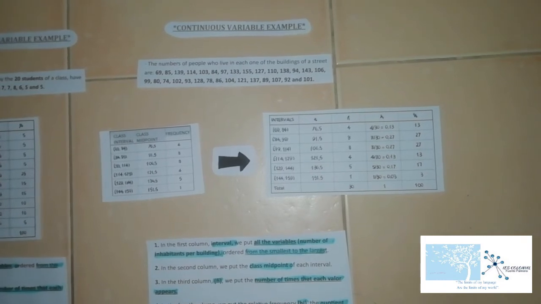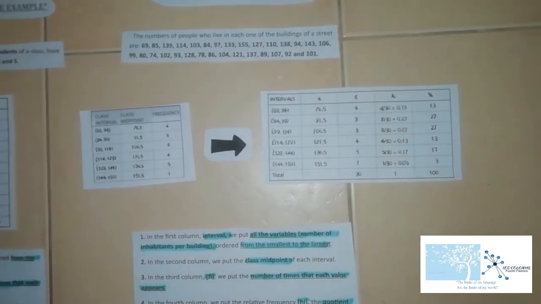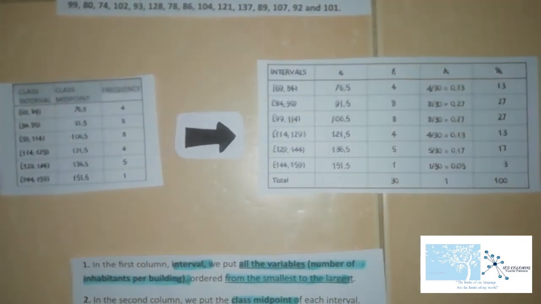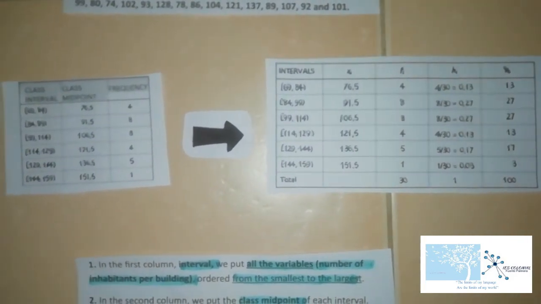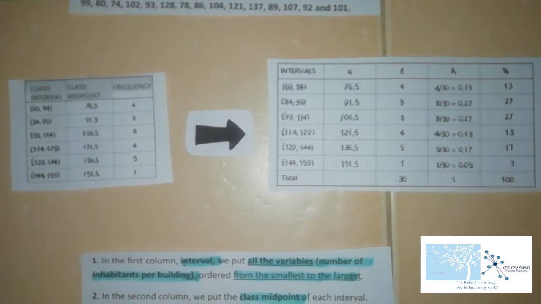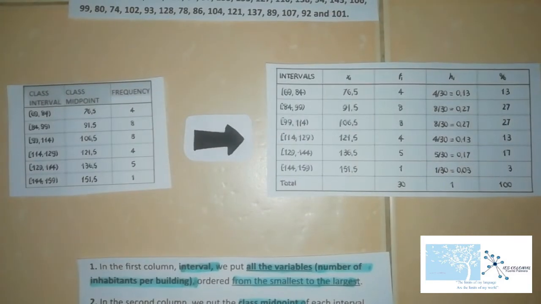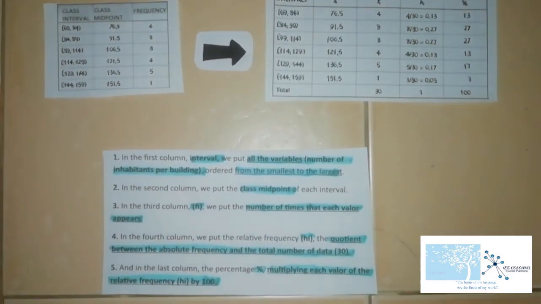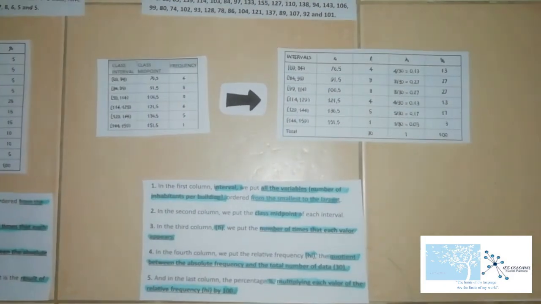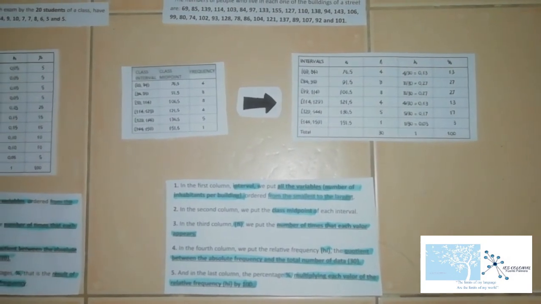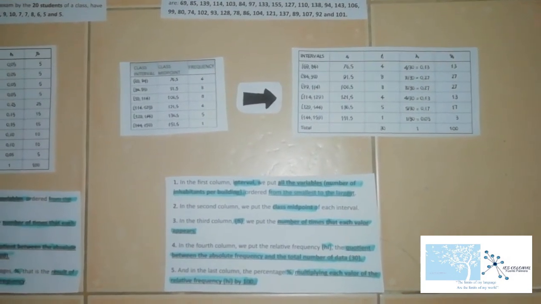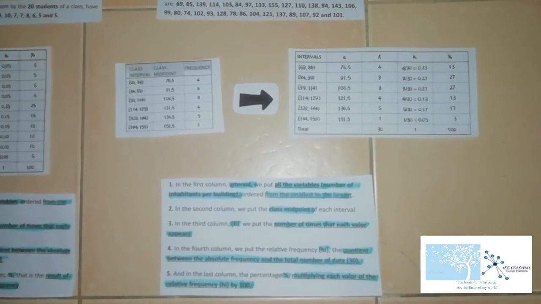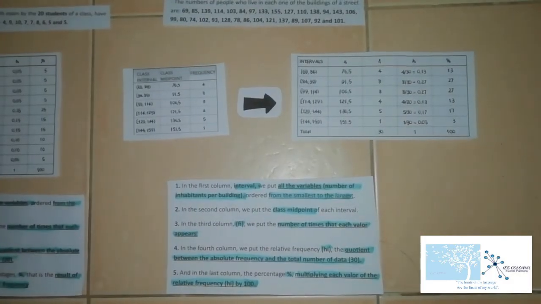In a continuous variable example, the number of people who live in each one of the buildings of a street are given, and with this data, we build a frequency table. The steps to follow are: in the first column, interval, we put all the variables, number of inhabitants per building, ordered from the smallest to the largest. In the second column, we put the class midpoint of each interval.